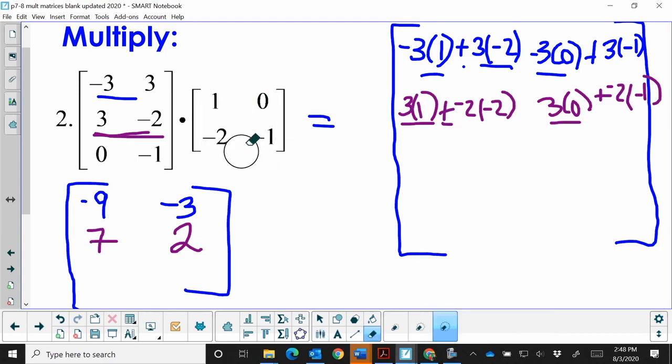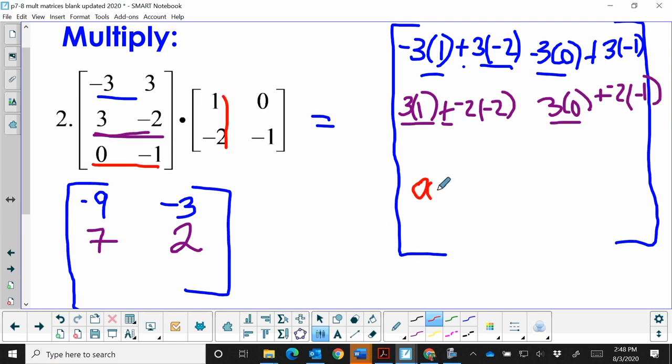Let me erase in here so you can see the third one. Let's do this one in red. So now I'm going bottom row, first column, 0 times 1. Well, that's just going to be 0 plus -1 times -2. And that's going to give me +2.